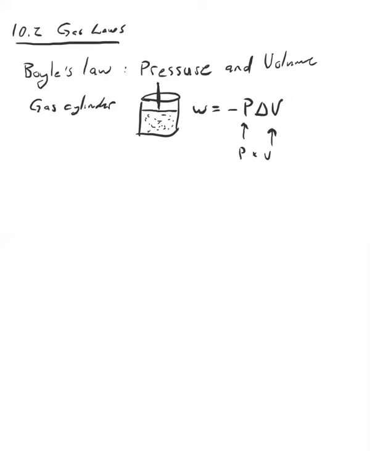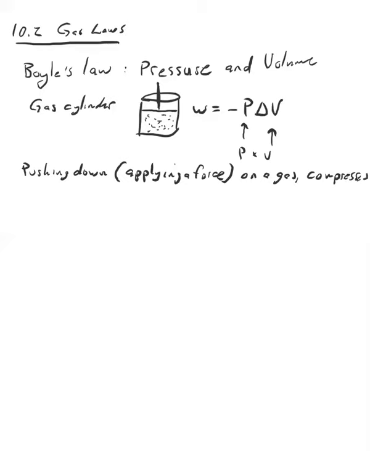So let's write that down. Pushing down. Now, let's be technical. When you're pushing down on something, you're applying a force, right? That's what pushing down is. So pushing down on a gas compresses it.